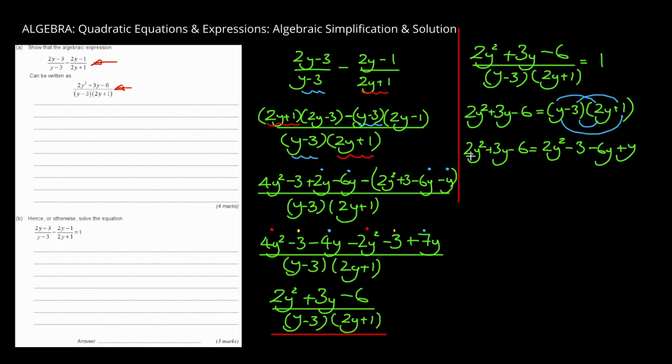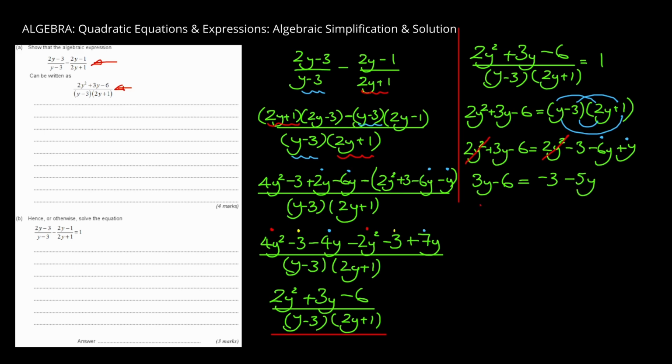Well, straight away, before I do anything else, because we've got 2y squared on both sides of this equation, they will cancel each other out. So I've got 3y minus 6 on this side, and on this side, these two will merge. So I get negative 3, and negative 6y plus a y is negative 5y.